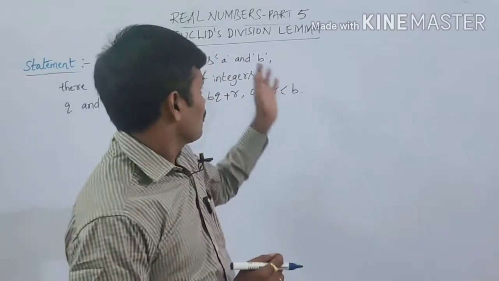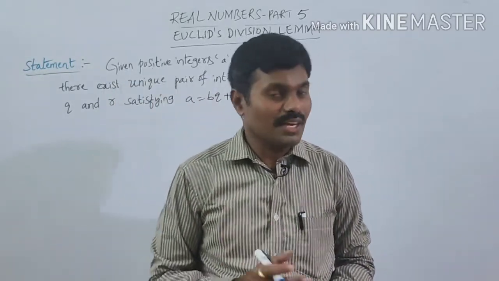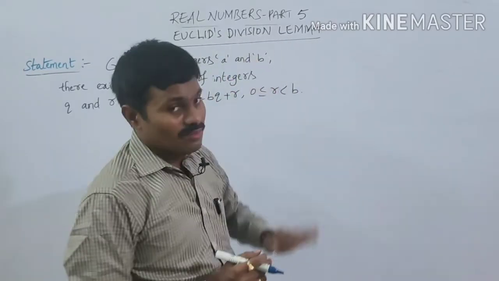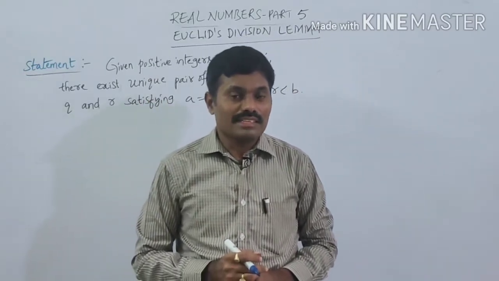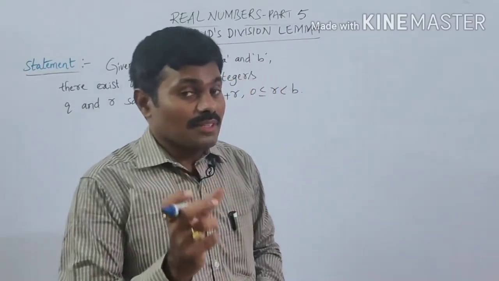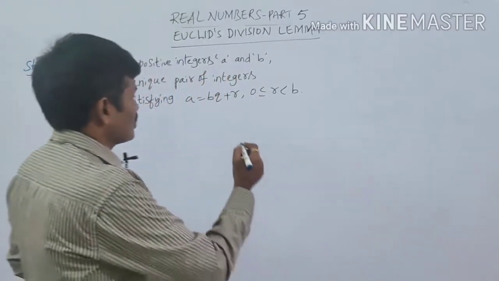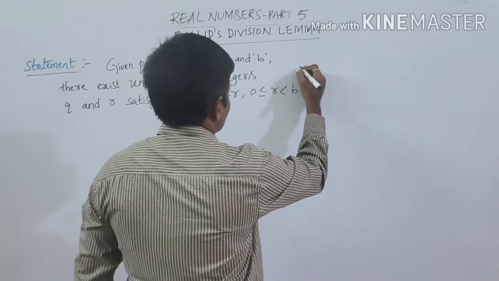We recall that by listening to his name, and also he has written one book. Do you know the name of that book? Yes, the name of that book is Elements. The Elements. This is the most familiar book written by him.